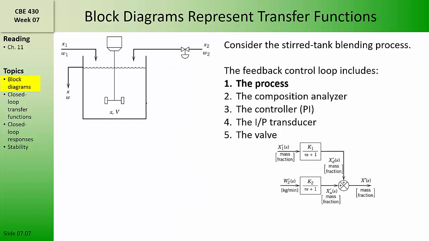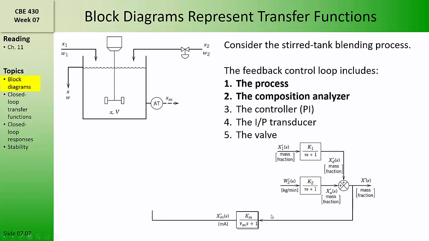Now we can put all of this together to make a block diagram for the control loop. We'll start with the process, which combines the disturbance variable deviation x1 with the manipulated variable deviation w2 according to their respective transfer functions to give us the deviation in the controlled variable x.